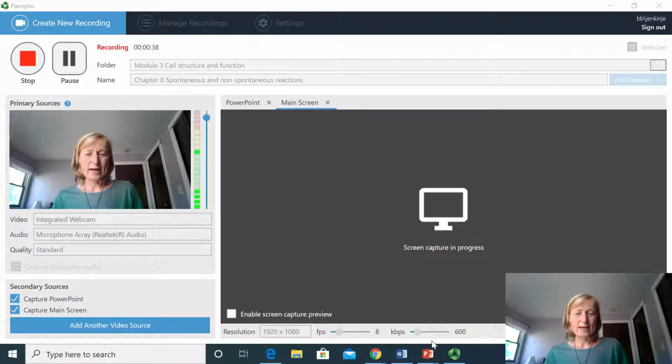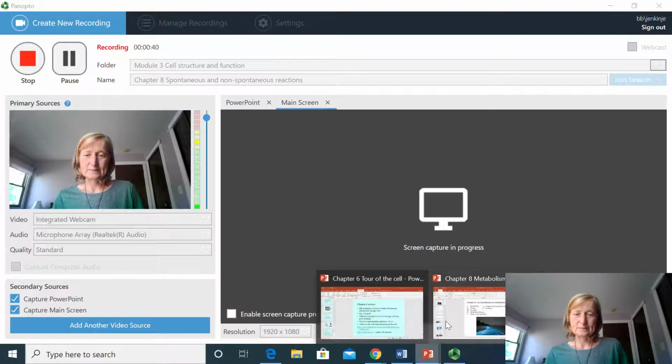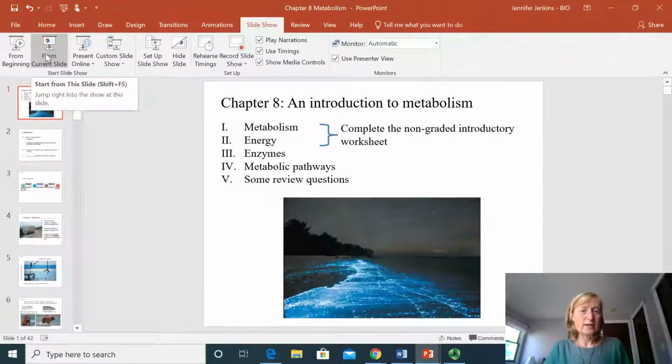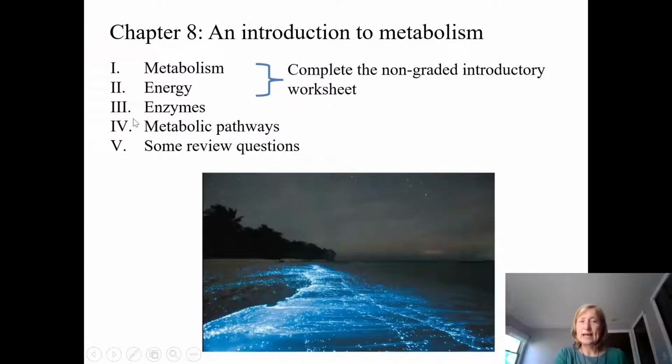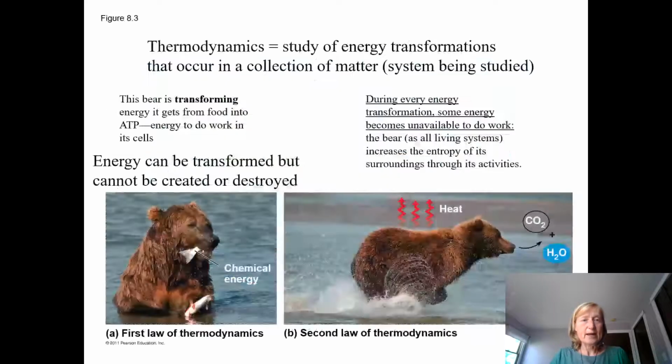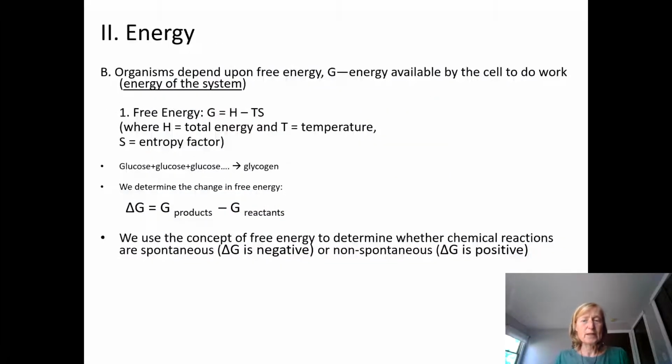Well, let's take a look at Chapter 8. You've already done a non-graded introductory worksheet that gets you started with metabolism and energy. So we're going to skip ahead to here, and we're going to focus in this video on spontaneous and non-spontaneous reactions.